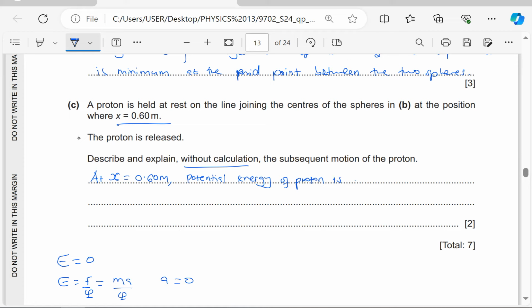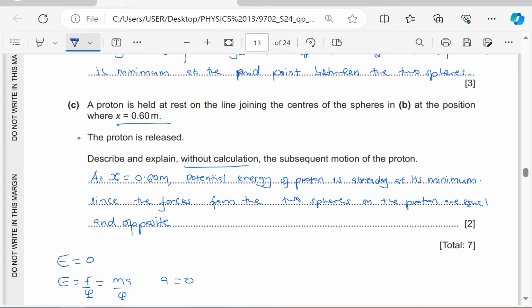It's already at its minimum since the forces from the two spheres on the proton are equal and opposite.